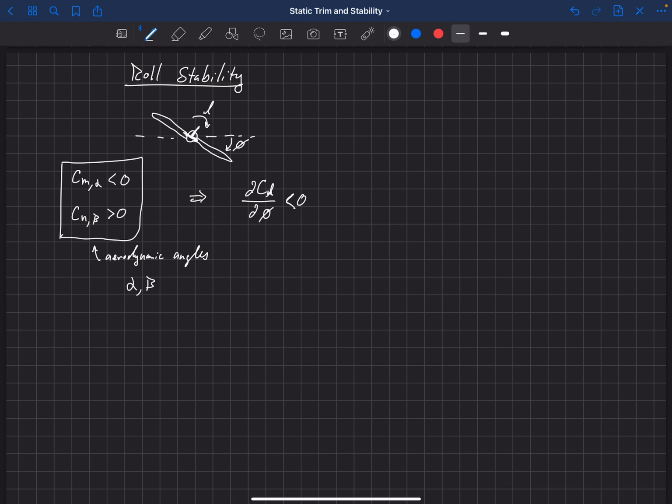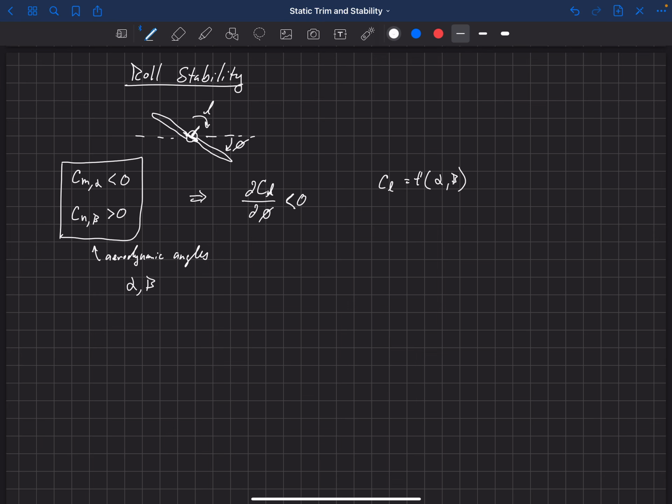Now the problem with this, and the reason it's different than both pitch stability and yaw stability, is that a bank angle doesn't have any direct effect on the aerodynamic rolling moment of the aircraft. By direct effect, what I mean is that the rolling moment is actually a function of alpha and beta, the aerodynamic angles.